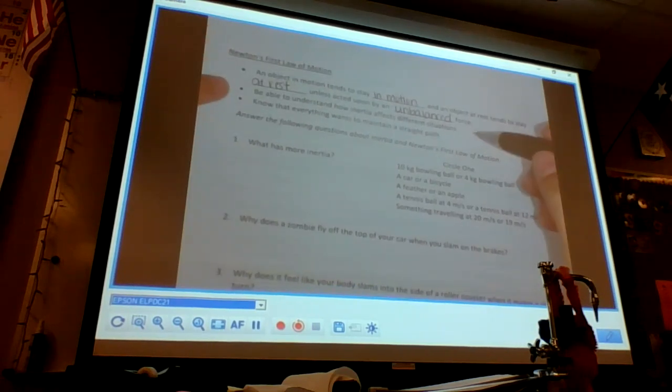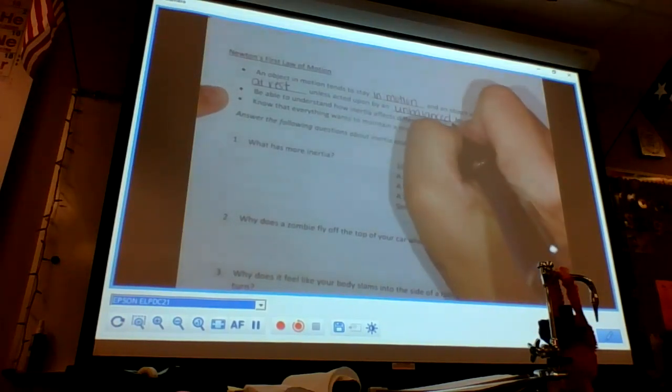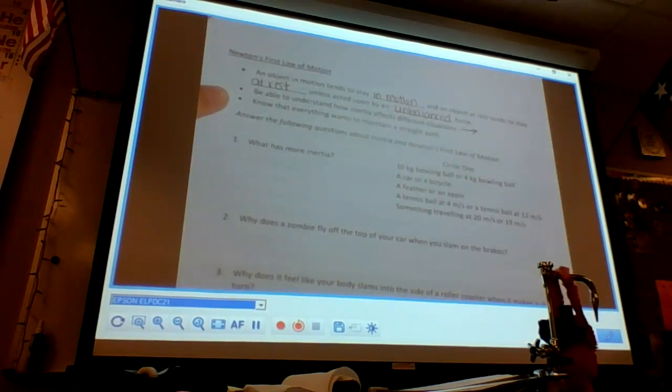Be able to understand how inertia affects different situations. Know that everything wants to maintain a straight path. Okay? So let's make a note on that second bullet where it says understand how inertia affects different situations.